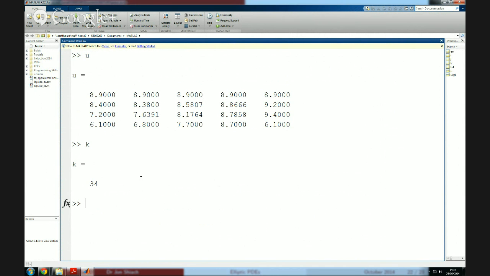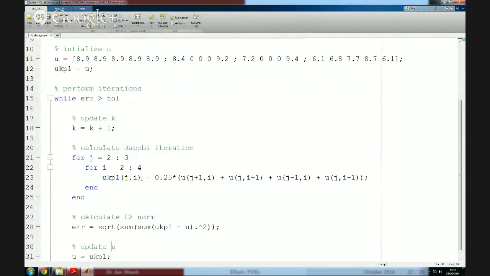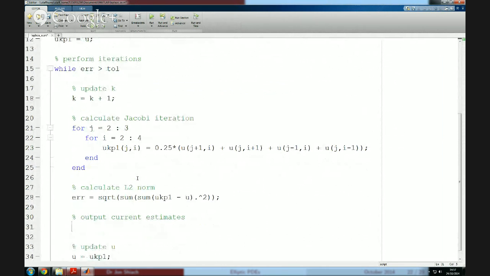What I'm going to do now is alter it to output the current estimates. So I'm going to use a nested for loop again, using row by column order, exactly the same as I've done at the top.